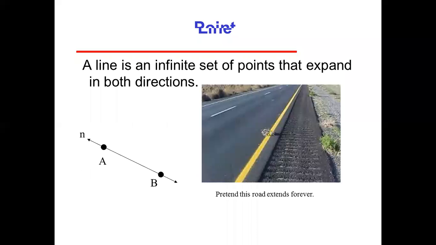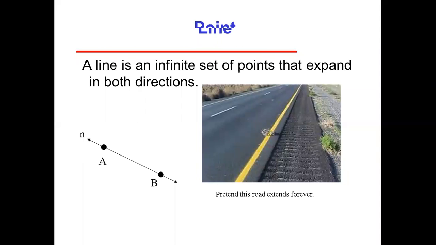So what is the line? A line is an infinite set of points. A line contains, or we can implement a line with the help of, an infinite set of points. A line can be extended in both directions. So what is the difference between the line and the segment? A segment is a portion of the line.